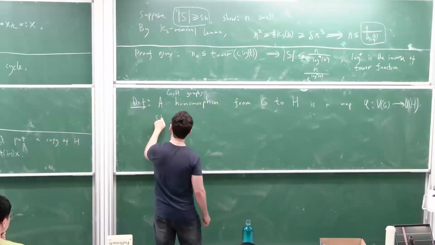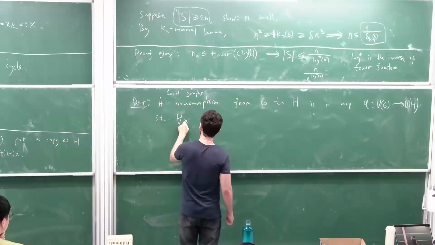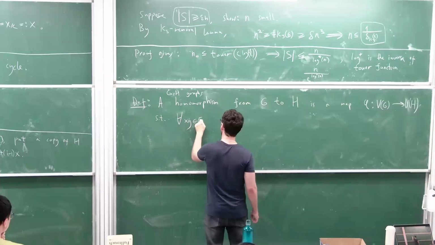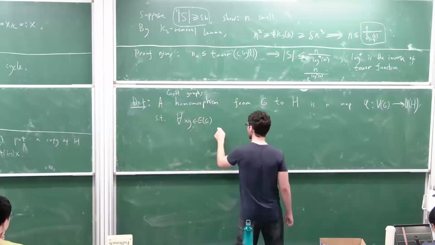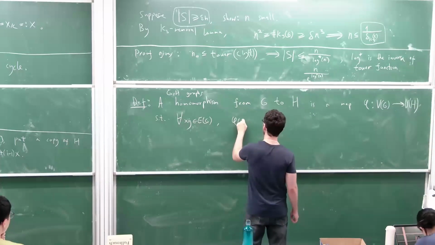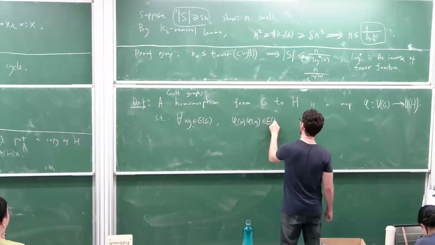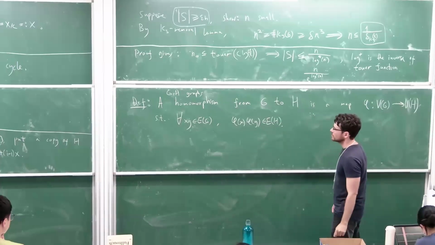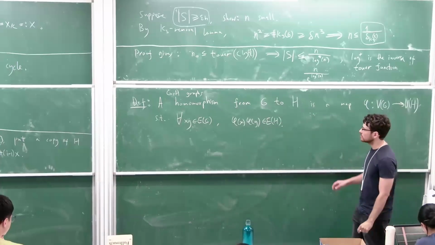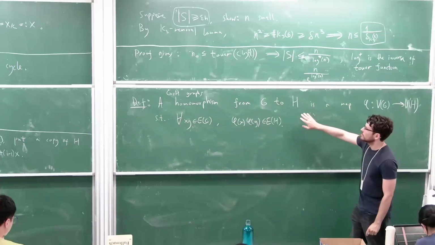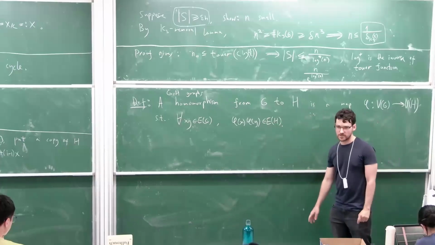So for every edge x, y in G, the image of the edge, phi of x, phi of y, is an edge of H. This is the definition of a homomorphism. It's a map between the vertices that preserves edges.